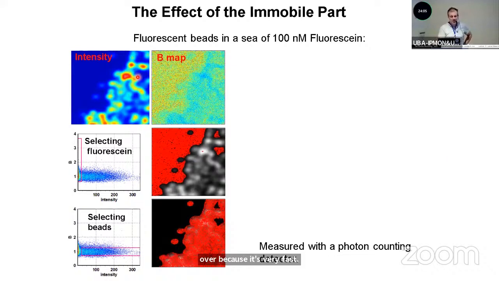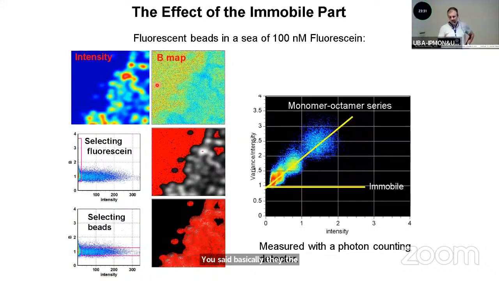If we calculate the brightness and the counts, you can see that we have generated this plot of intensity over brightness. If we select the value of 1, which is the value for something that does not fluctuate, the immobile fraction, you select the region which is basically the beads. While if you select the ones that give you higher brightness, you select basically the fluorescein that you have here.